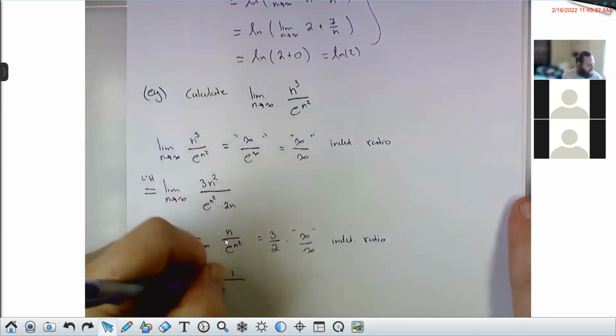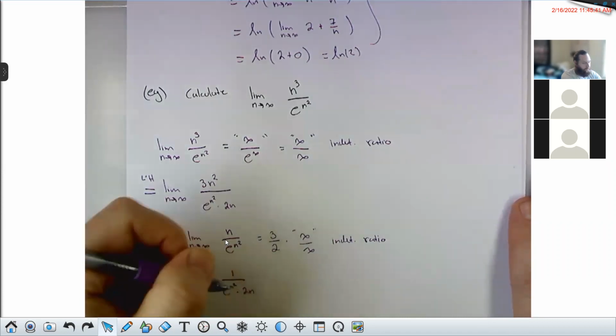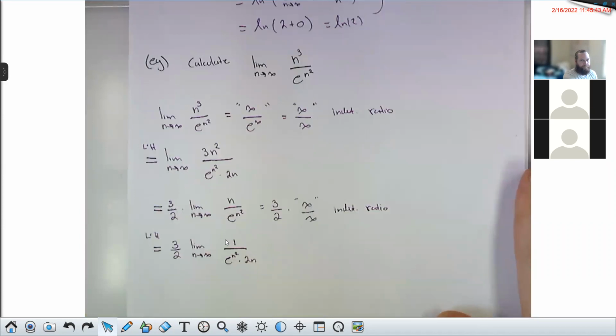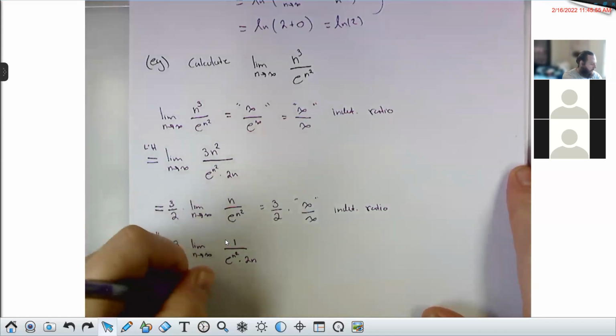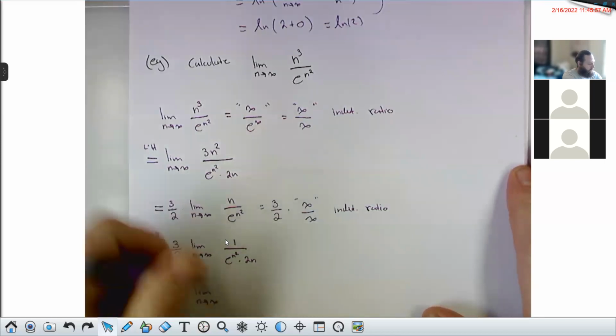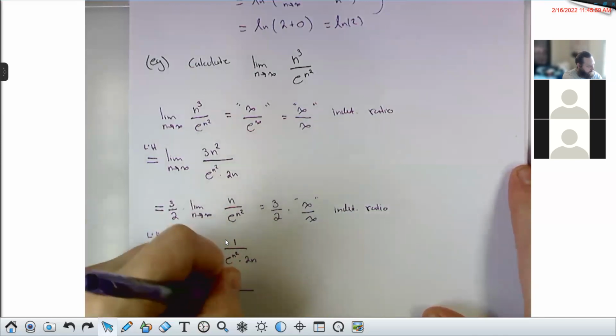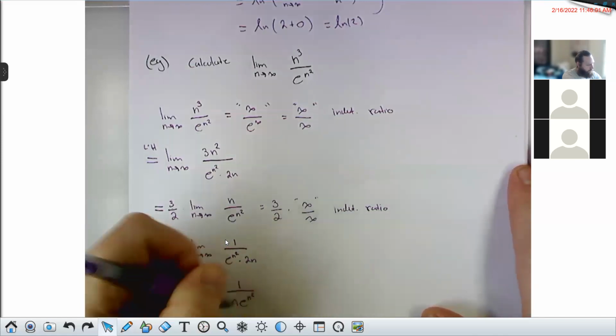So you get e to the n squared times the derivative of n squared, which is 2n. I can pop the 2 out if I want and say, okay, this is 3/4 times the limit as n goes to infinity of 1 over n e to the n squared.